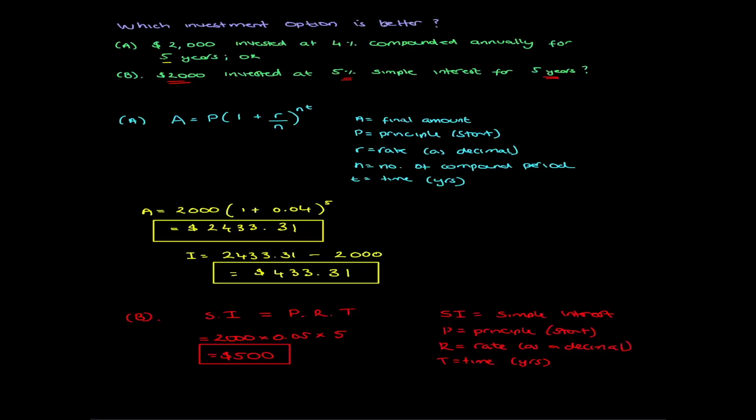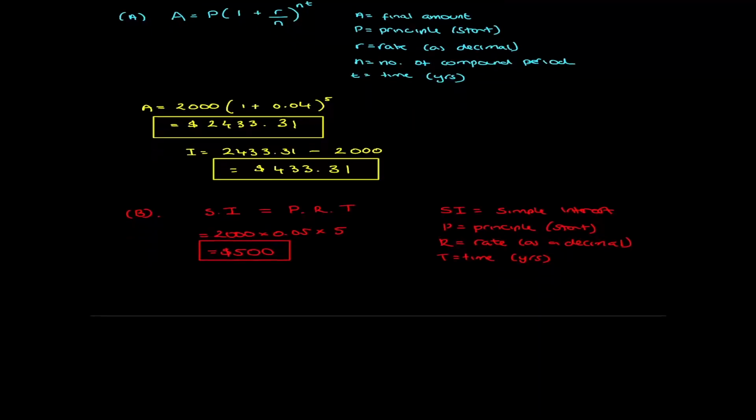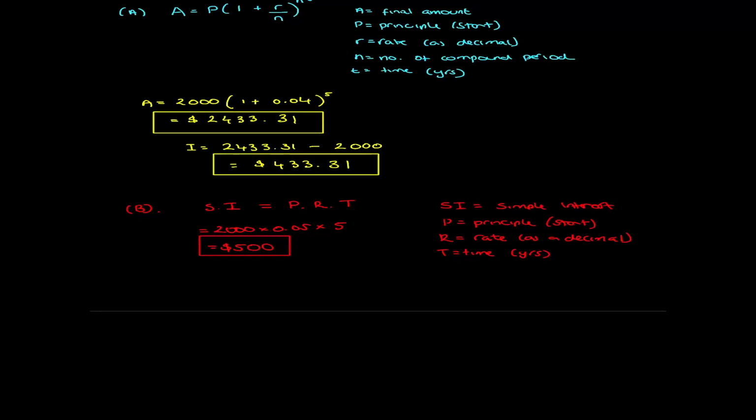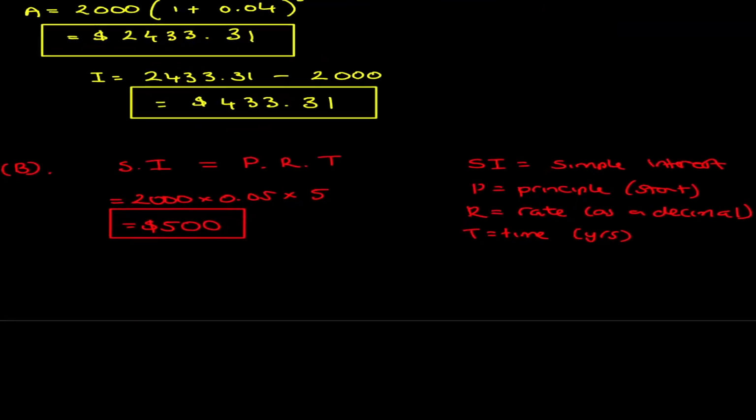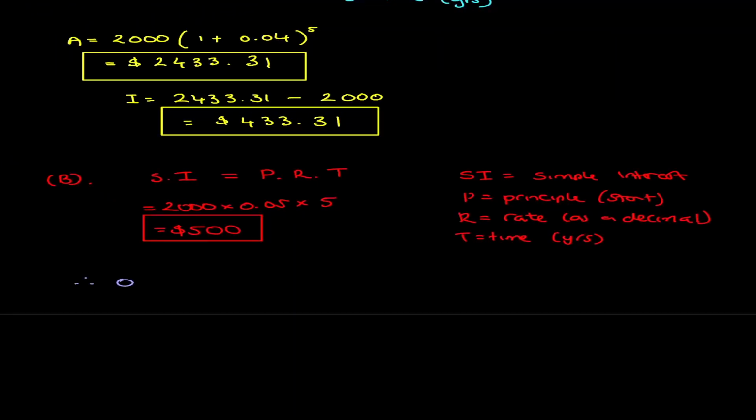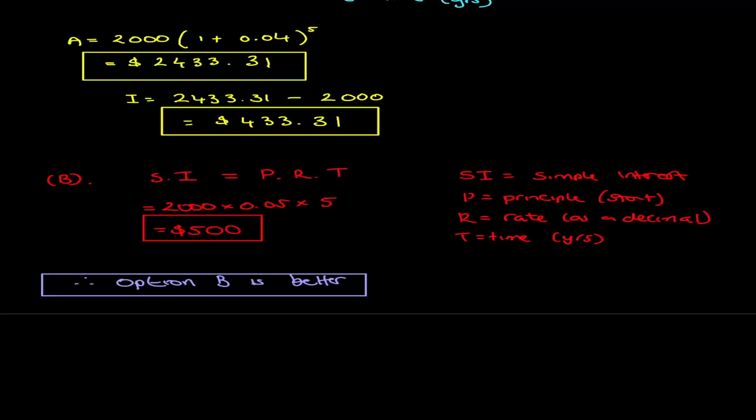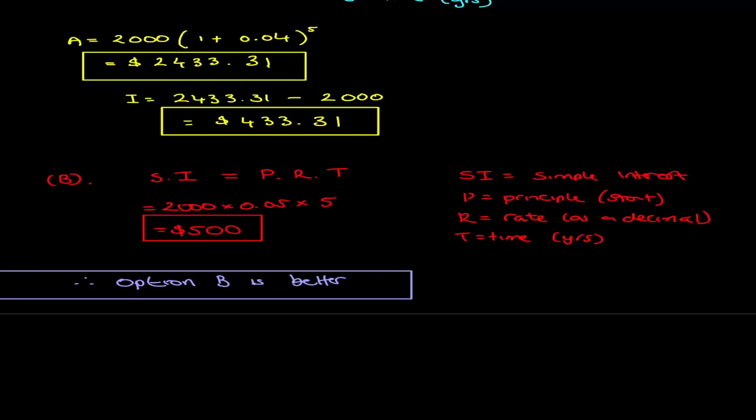So which option gives me the highest interest? It's option B. Make sure you answer the question as well. So you've got all your working out, and then you would say something like, therefore, option B is better. A lot of people always forget to answer the final question.